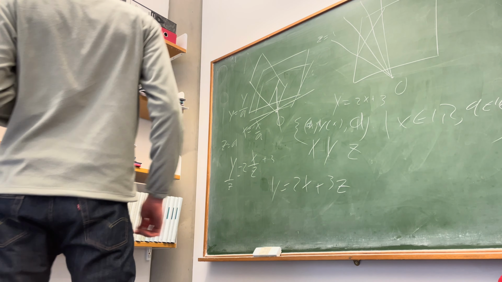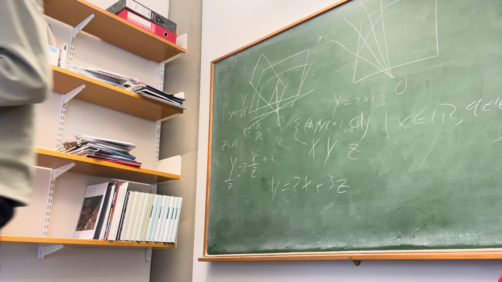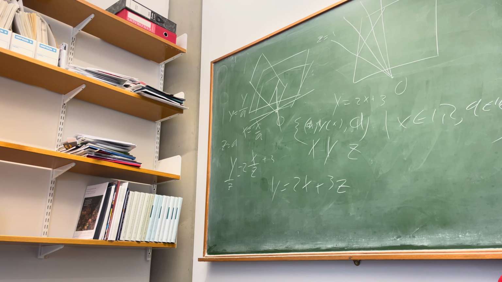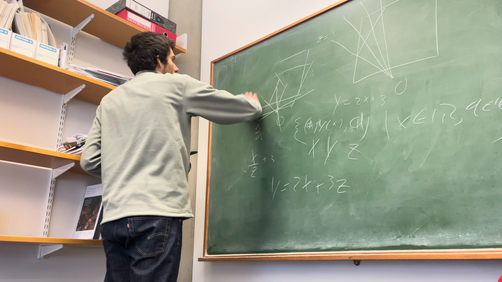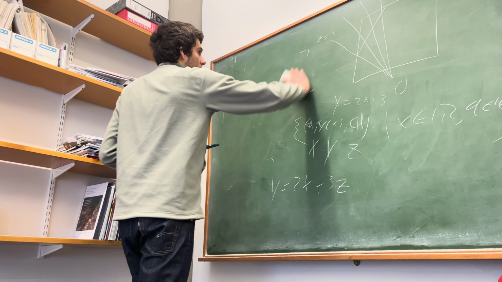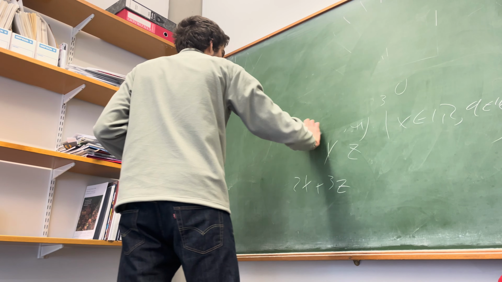Now I'll talk about duality. In the real plane, any two points lie on a line, but any two lines do not necessarily intersect, because if they're parallel, they do not intersect. The projective plane solves this issue.